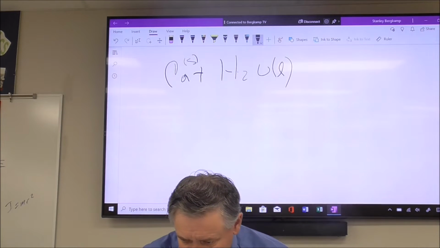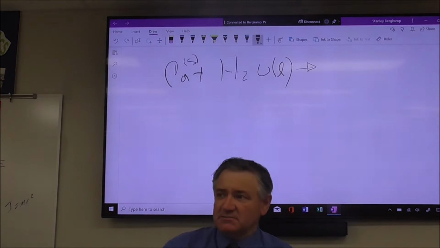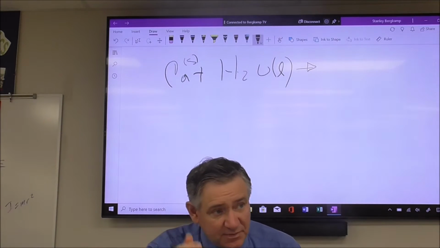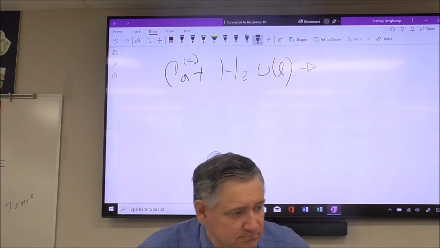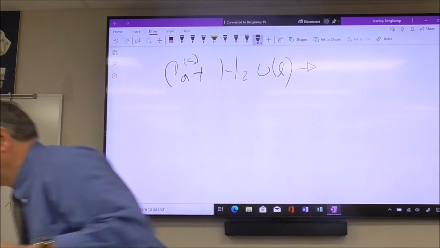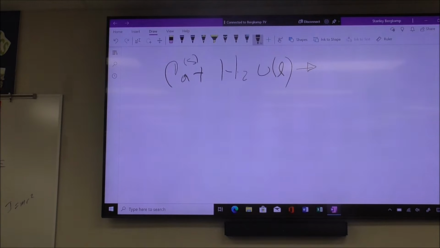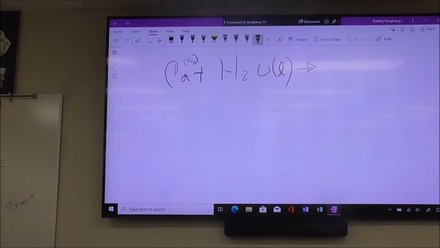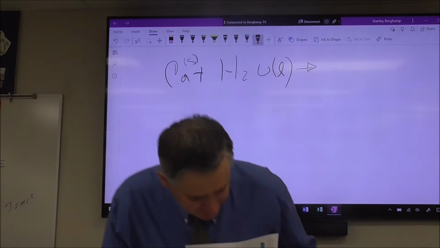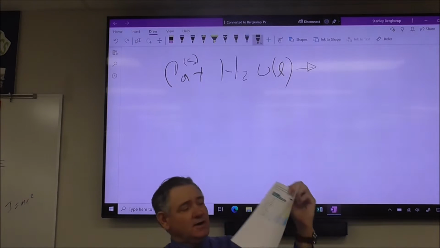So out of this, the calcium is going to come along, and this is what you've got to be able to think through on the test. So if you look on that pink piece of paper, the redox one, this is what you're going to have on the test, okay?